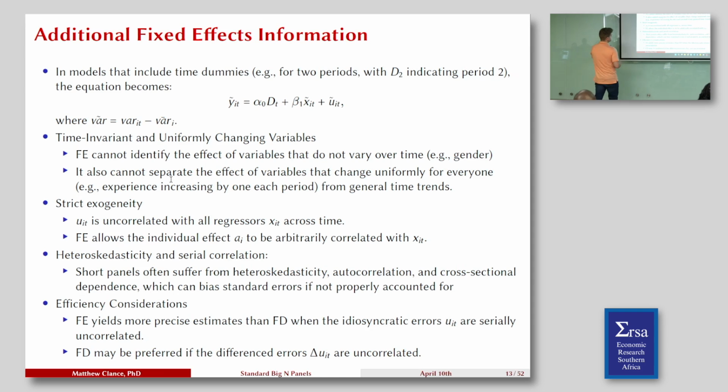Heteroscedasticity and serial correlation. So in short panels, we also suffer from heteroscedasticity. There are some things that are very similar to the techniques we've already seen. We've focused on clustering, bootstrapping, whatever methods are particularly used in that field. We also sometimes have autocorrelation and cross-sectional dependence.